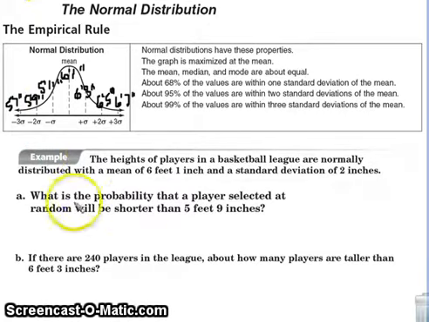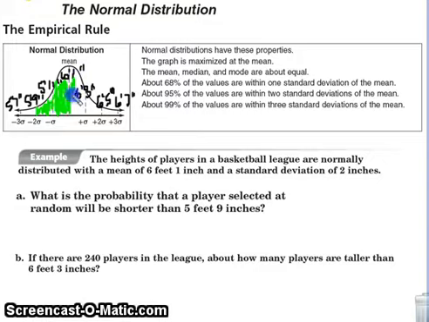Our first problem tells us to find the probability that a player selected at random will be shorter than 5 feet 9 inches. Well, we can see that this is going to be all of this, right?